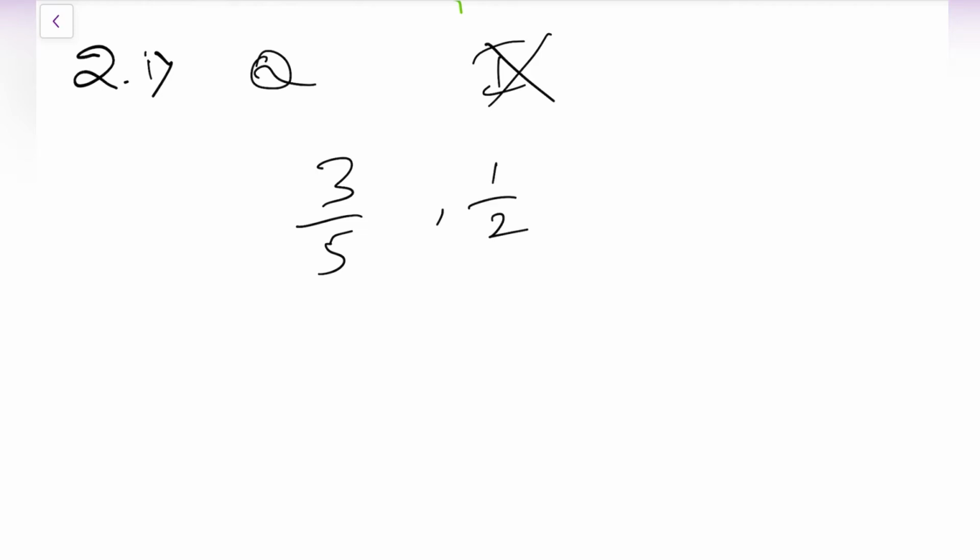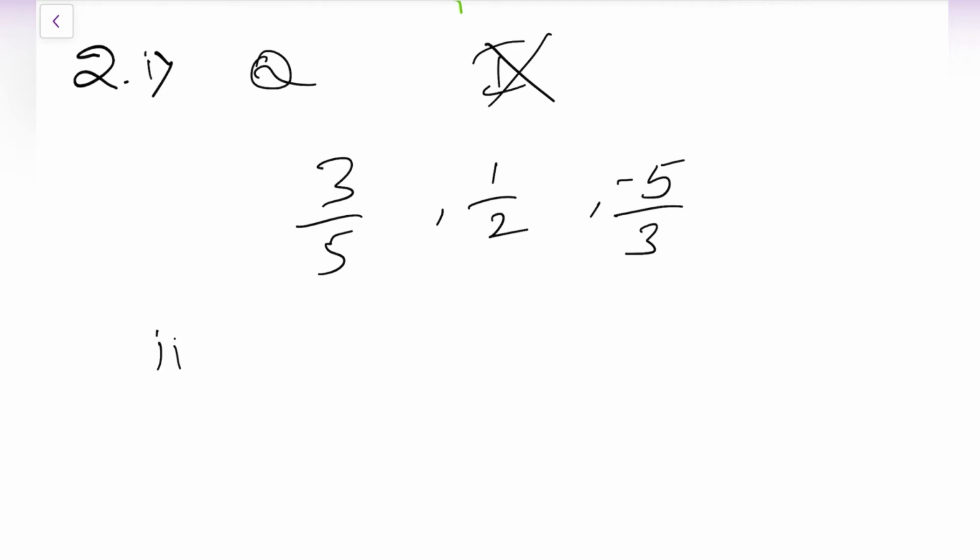We need to give an example which is a rational number, but it should not be an integer. So any number which is in the form of p by q, for example 3 by 5, this is a rational number but not an integer. 1 by 2, this is also a rational number but not an integer. Minus 5 by 3, this is also a rational number but not an integer.